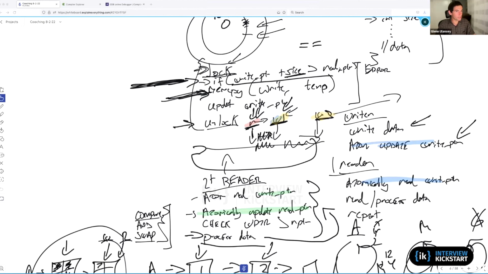So you probably only need a 32-bit or a 16-bit integer to adequately represent the read and write pointers. So if you have a 64-bit system and you only need 16 bits to represent the write pointer, that potentially means you have 48 more bits to store some other useful data in.